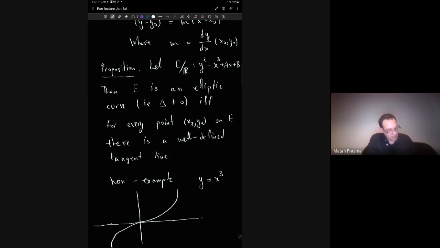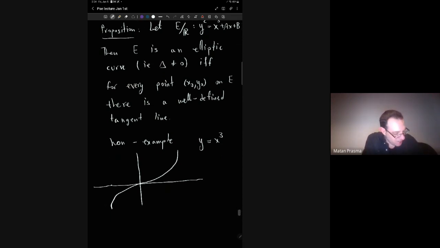And the tangent line, or maybe this will answer your question, Carlos, a bit better. Why in this case we don't have a well-defined tangent line? I mean, I would typically want to take the tangent line to be the purple, let's say it's 0. I mean, x0, y0 equals 0, 0.